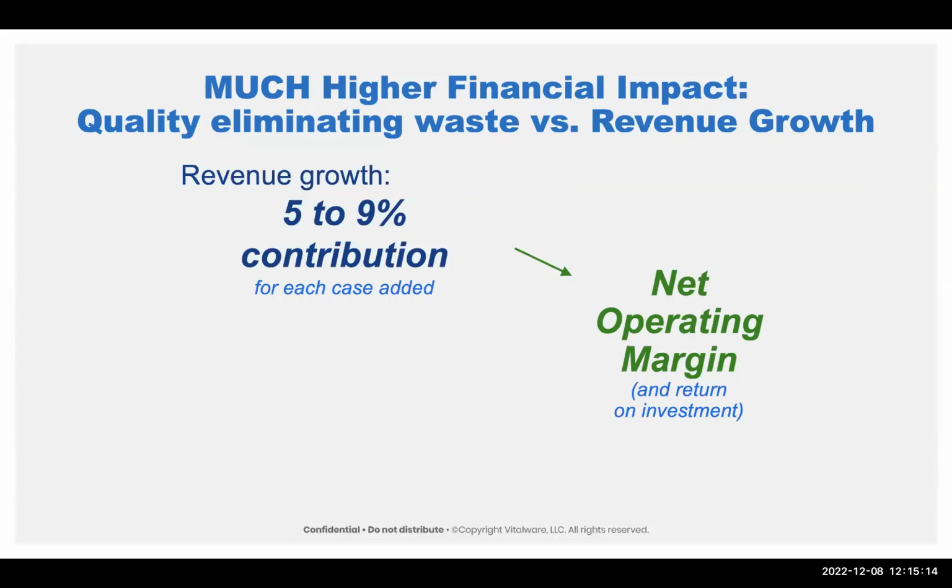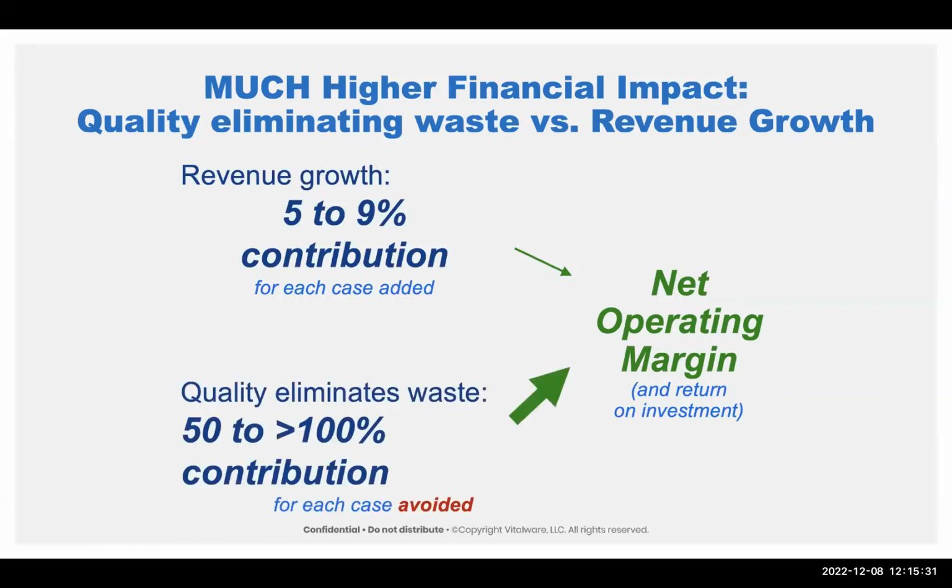We are still focusing on the 5 to 9% contribution margin by increasing revenue growth through increased or enhanced procedures and charge capture. And that's great. 5 to 9% on a negative balance sheet is fantastic. However, if I get rid of the waste, I can increase 50 to 100% contribution for each case avoided.